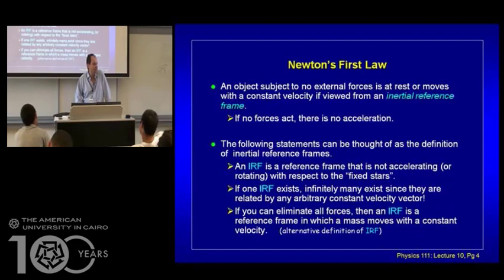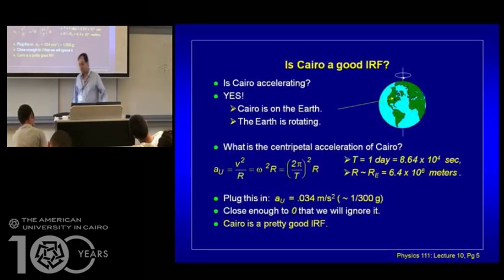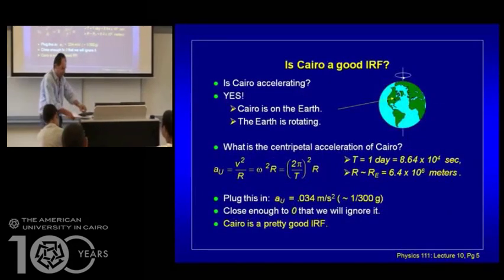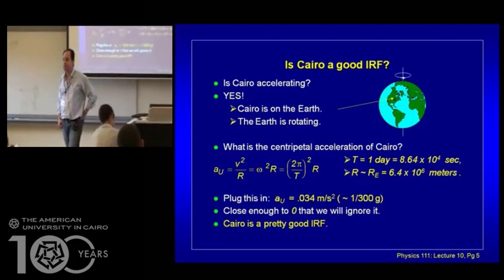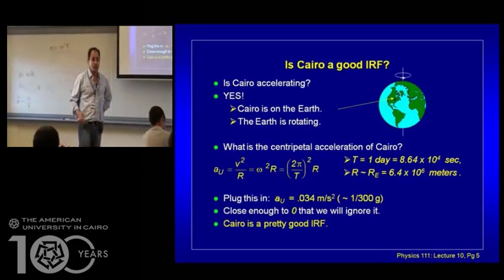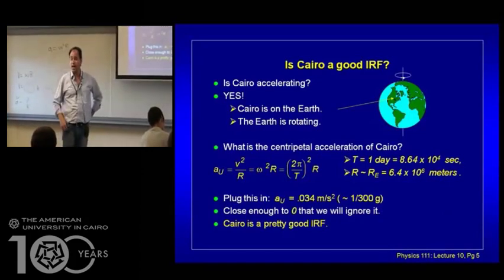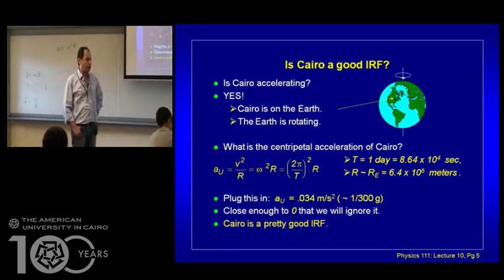That's a frame that does not move, or it moves with a constant velocity. Does that mean, when I did my little experiment in here now, that Earth is a good inertial reference frame? Can we consider Earth, though it rotates, as an inertial reference frame?